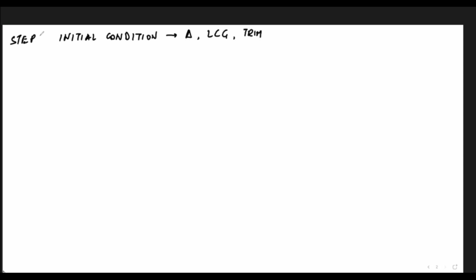What else do we know? This is step number 3. We know the loading, discharging, shifting of cargo wherever they are doing. Now with this information, I'm going to do longitudinal moment calculation.